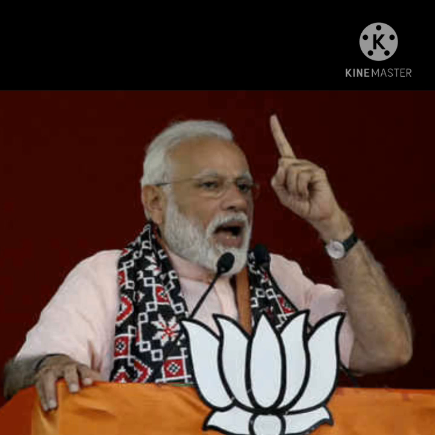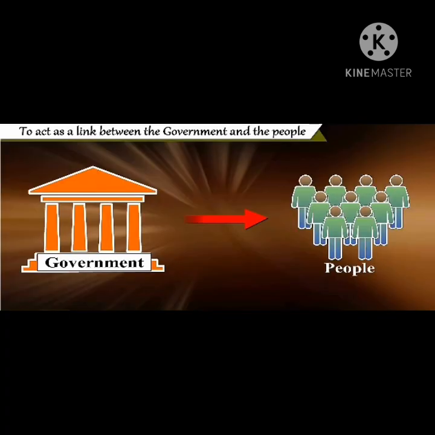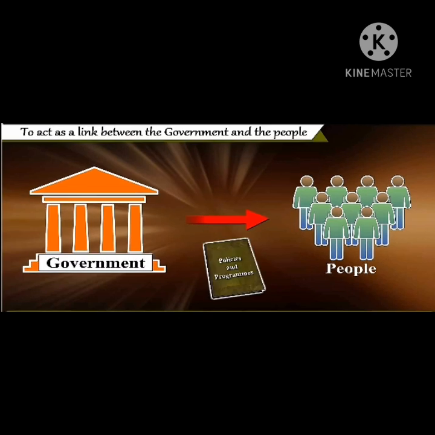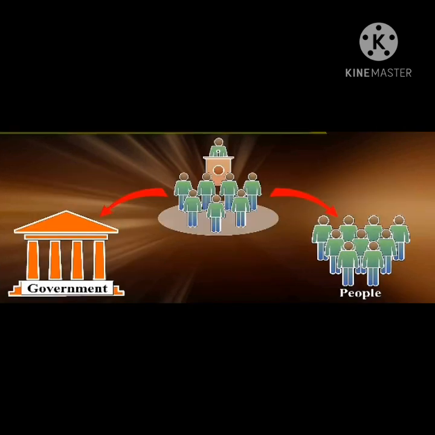People cannot directly go to the Prime Minister and complain. So they approach the party, and the party takes their complaint to the government. And similarly, government policies and programs are also informed to the people through political parties. So political parties act as a link between the government and the people.